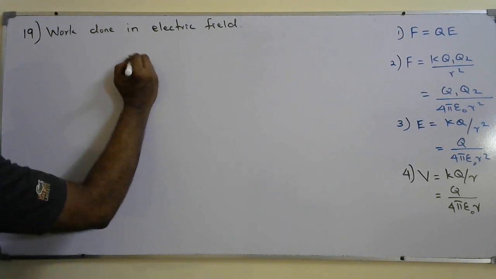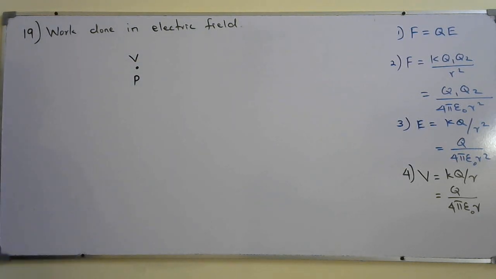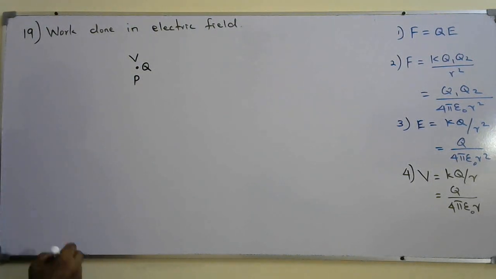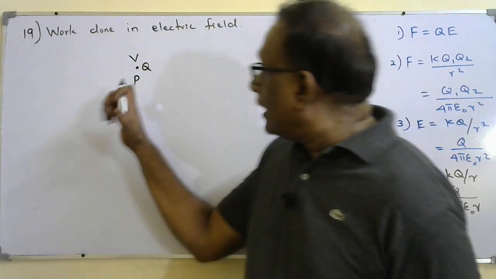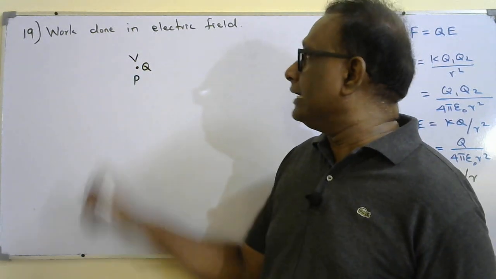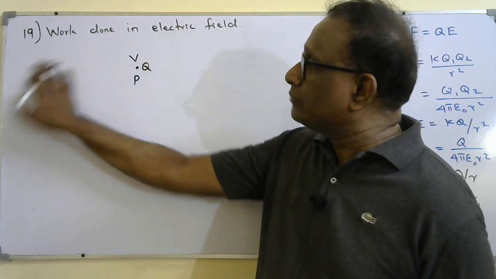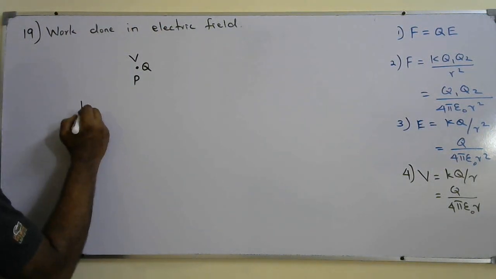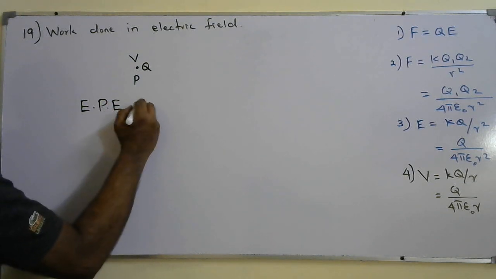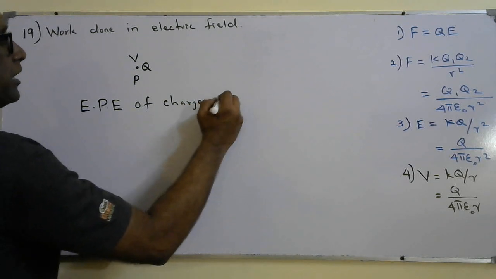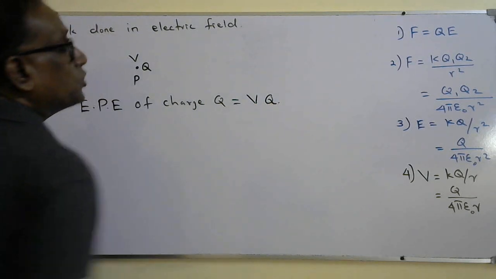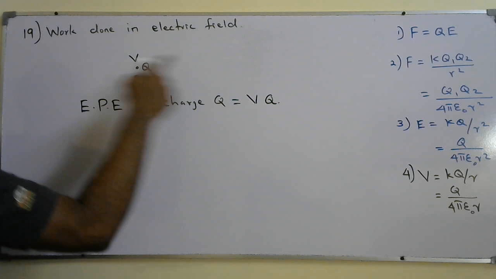The electric potential at that point is V, and a charge Q is kept there, or maybe a charge Q is passing the point P. When the charge Q is at point P, where the electric potential V is created by the surrounding electric field, then the electrical potential energy of the charge Q is given by the electric potential at that point, V, times Q.